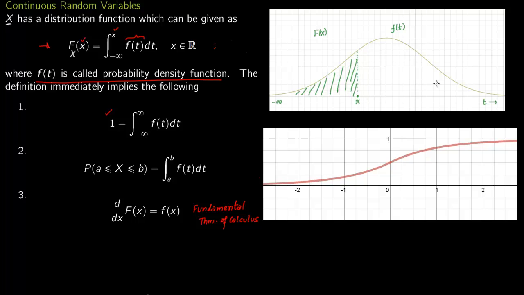So it's up to you where you want to pick up x. You could have picked up x right here also, and in that case the area would have been all towards the left side of this line. So this entire area from minus infinity to this point x would precisely be the F of x. So F of x is the area under the curve.